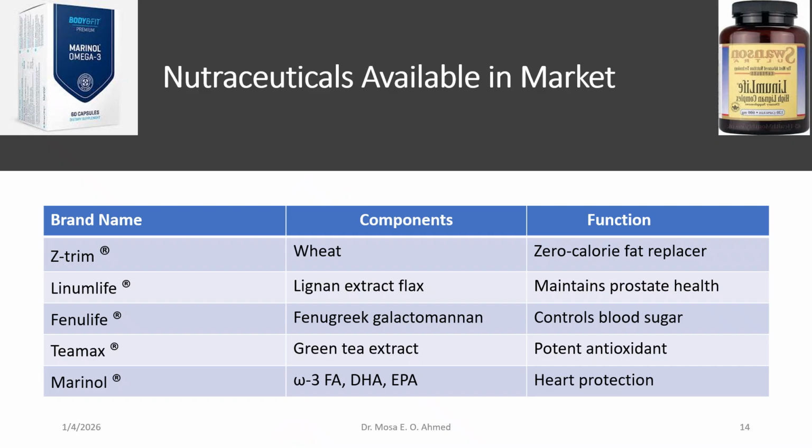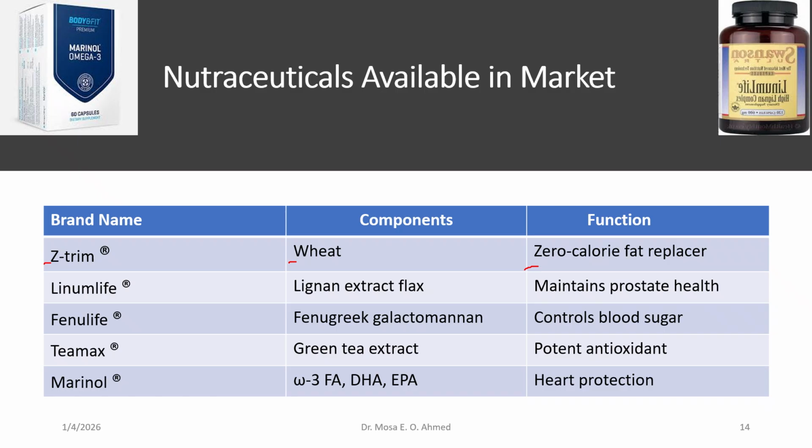In this slide, there are some brand names of nutraceuticals available in the European market or international market, and one of them is Dietary, which consists of wheat flour or wheat grains, and its function is as a zero calorie fat replacer.